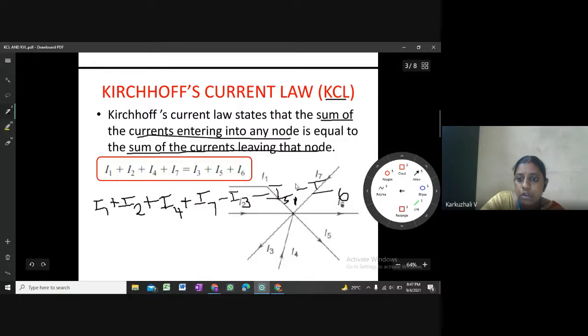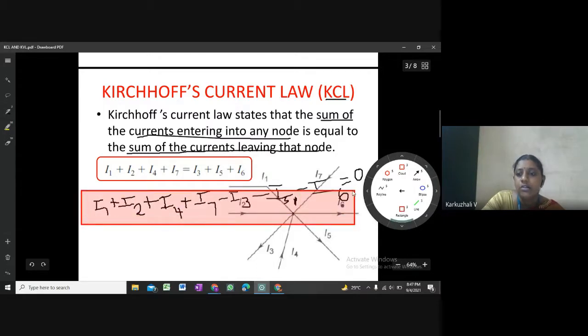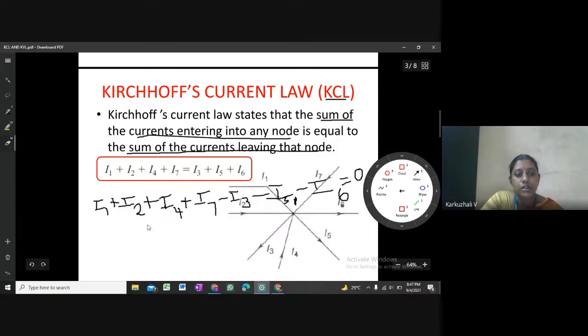So I brought all the currents to one side and equated it to 0. So this is called the algebraic sum of the current. So KCL can also be defined as the algebraic sum of the currents across a node is 0. Okay, so that is what Kirchhoff's current law states.